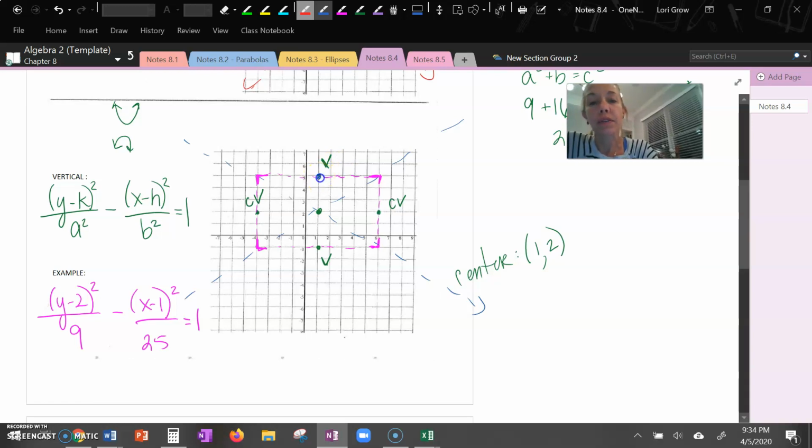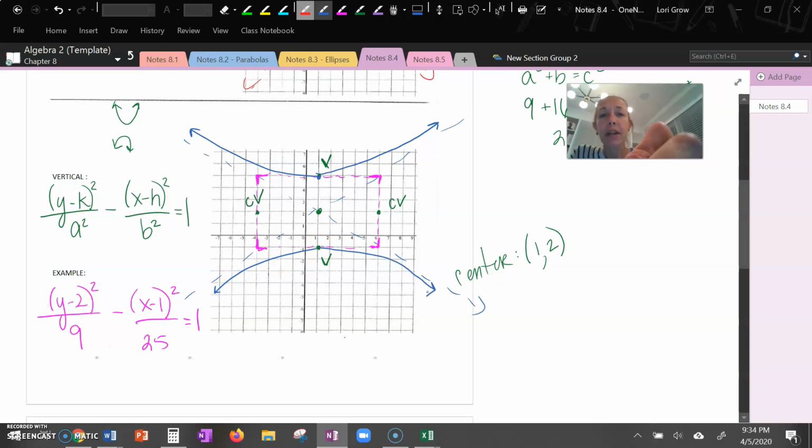So I'll go through the vertex, it's up and down, and I'll get close but never cross them. So this is a really wide, fat hyperbola.